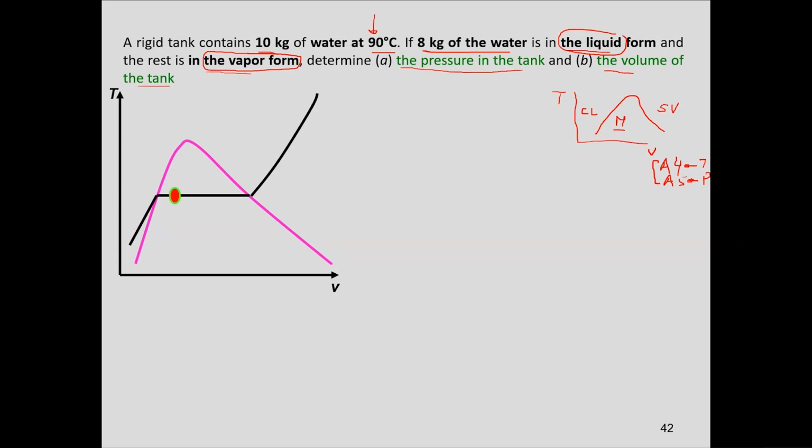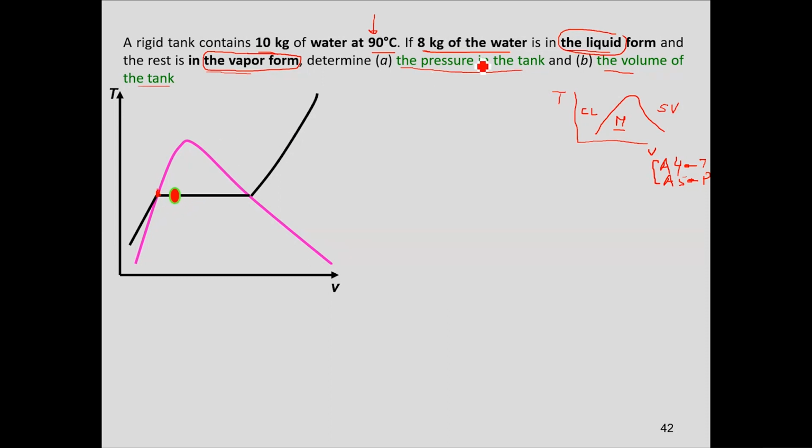This is your state, where most of the system contains liquid and the rest of it is vapor. 8 kg is liquid and 2 kg is vapor. The state is closer to the saturated liquid state, because most of it is in liquid form.